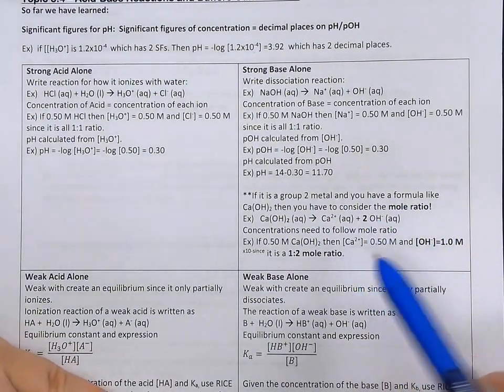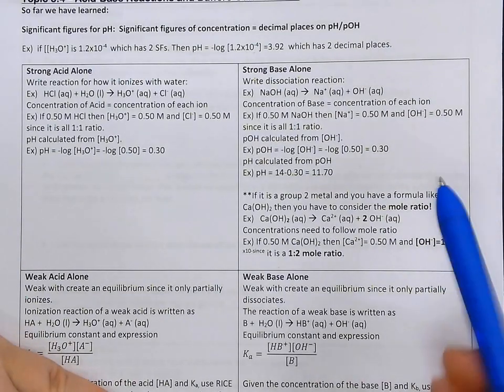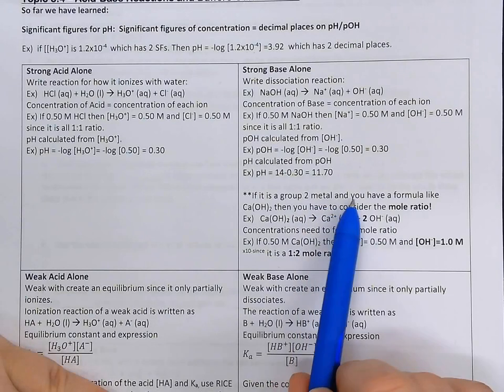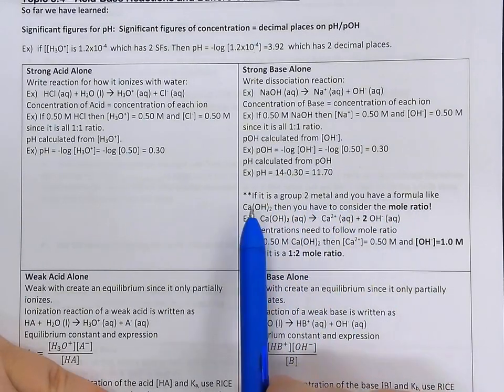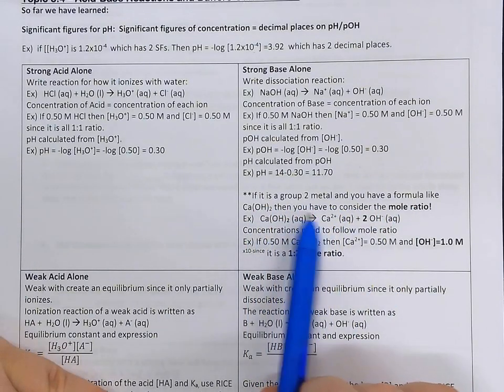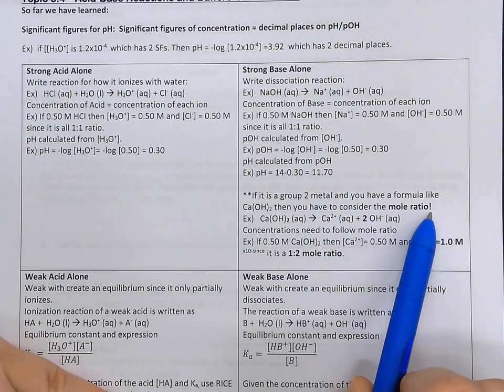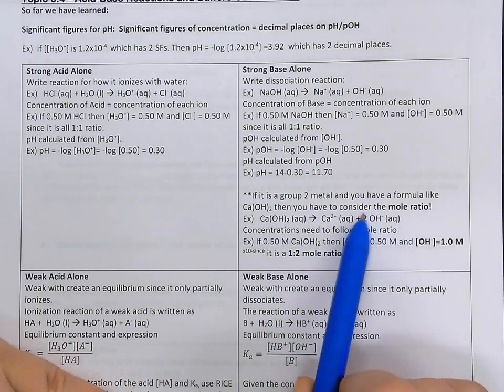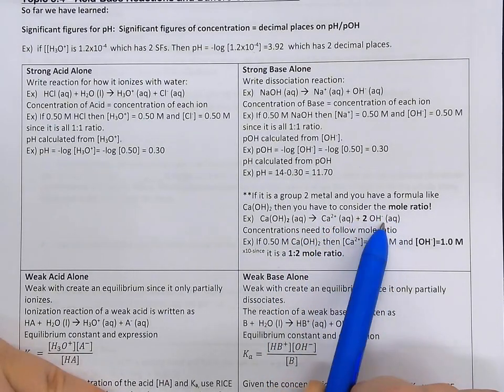Now, one thing we need to watch out for is our group 2 metals for our bases. So if it's a group 2 metal and you have a formula like Ca(OH)2, then you have to consider the mole ratio. For example, calcium hydroxide would break into 1 calcium and 2 hydroxide ions. So we're getting twice as much.